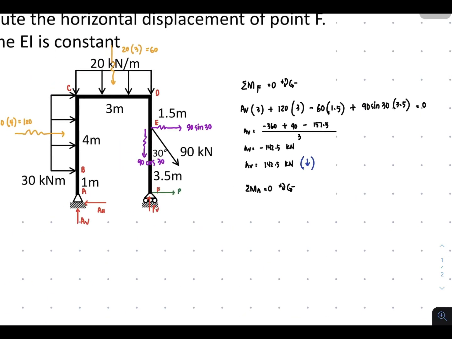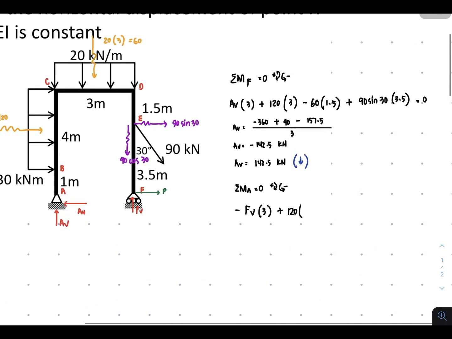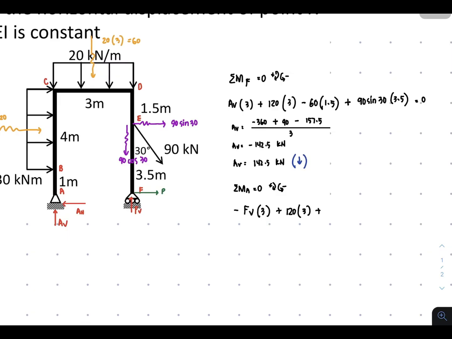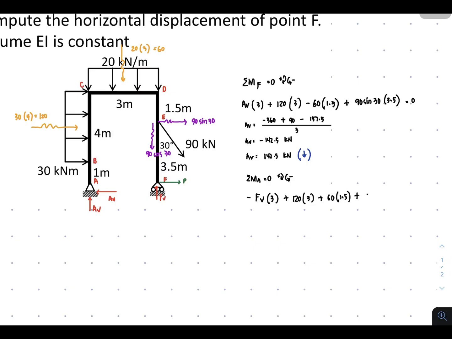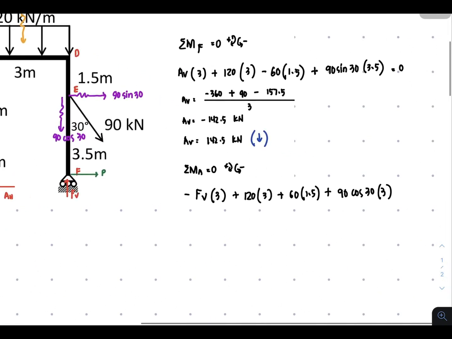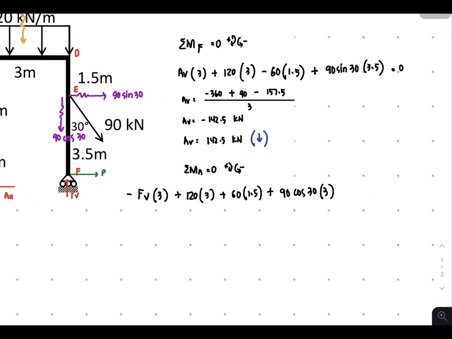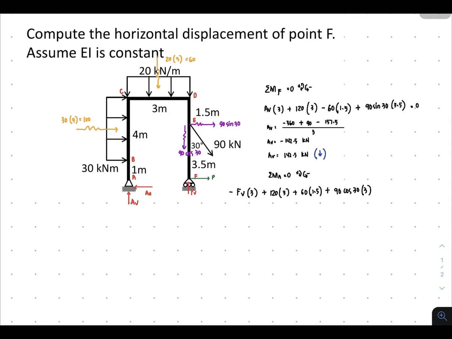So you have negative FV times 3, and then plus 120 times 1/2 of 4 which is 2, plus 1, that's 3, then plus 60 times 1.5, and then plus 90 cosine of 30 times 3, and plus 90 sine of 30 times 3 equal to 0.